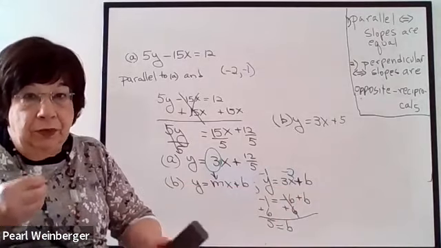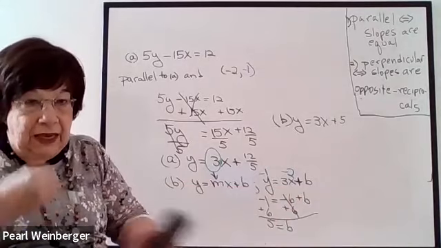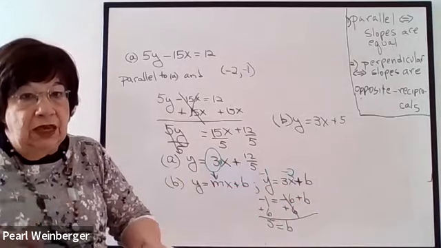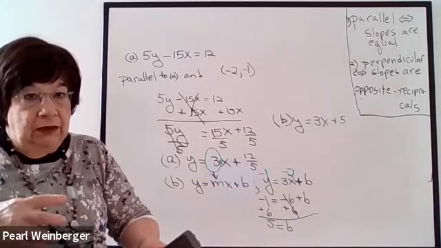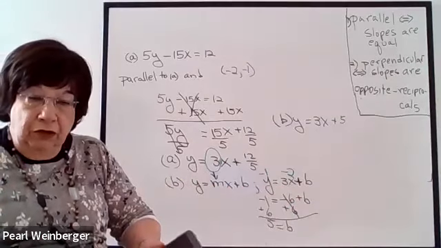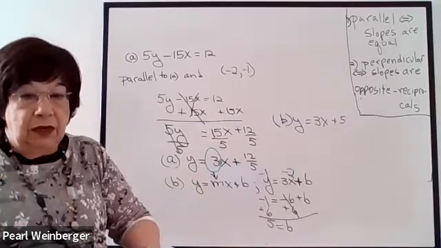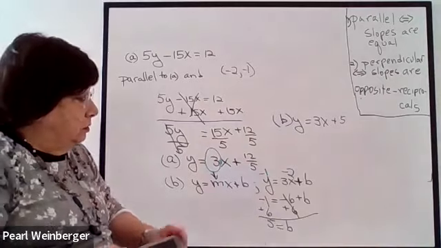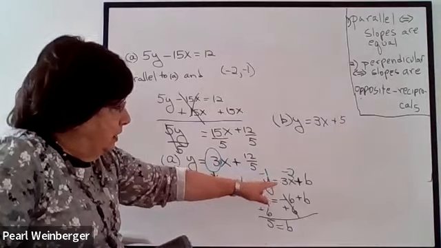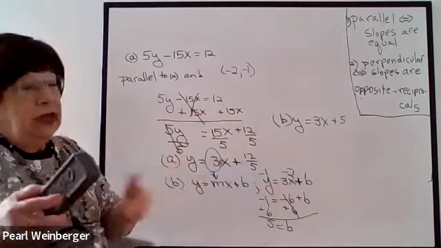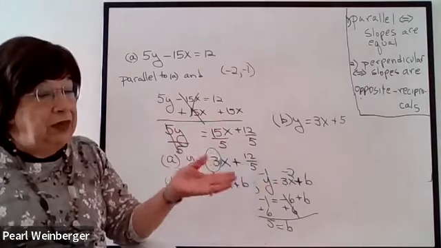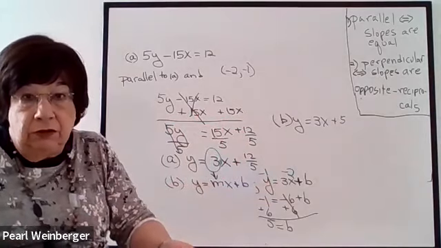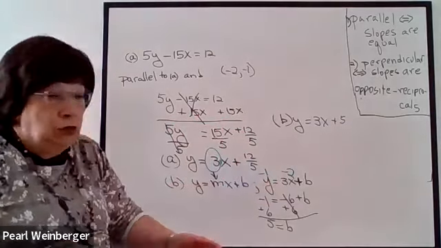But again, I know the problem is that there are so many things being asked here. You have to go through so many steps in order to get to your final answer. You have to work with your first equation, then you have to work with your second equation. Again, when you're dealing with multiple choice answers, if you right away see one of the answers is y equals 3x, and it's the only one that has that, you don't really have to go through all the process because you know your slope has to be 3.